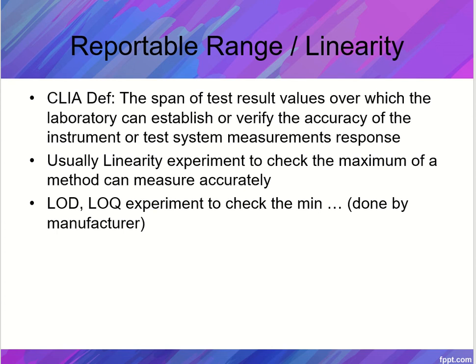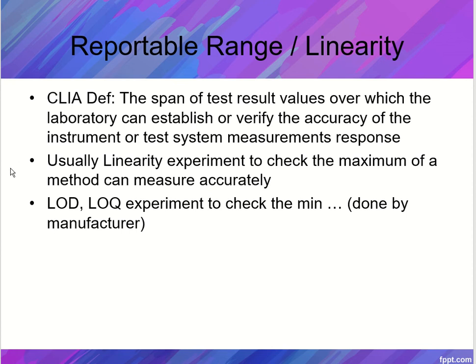Okay, now we go to another verification experiment, which is reportable range or linearity. For the reportable range or linearity experiment, the CLIA definition is the span of test result values over which the laboratory can establish or verify the accuracy of the instrument or test system measurement response.